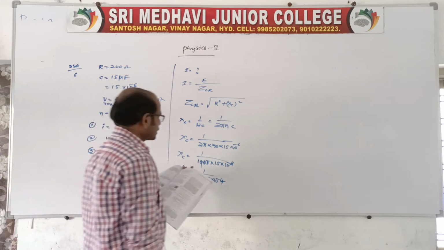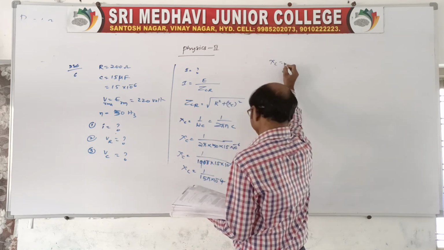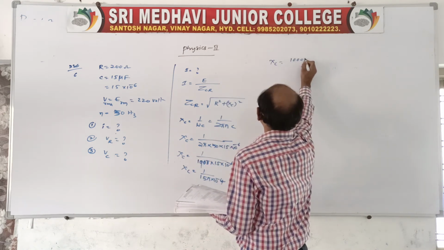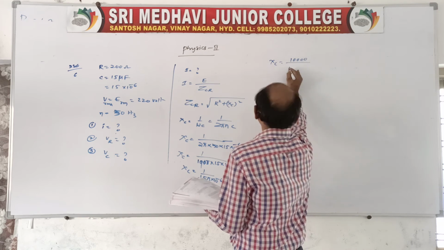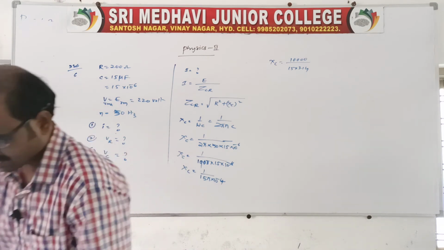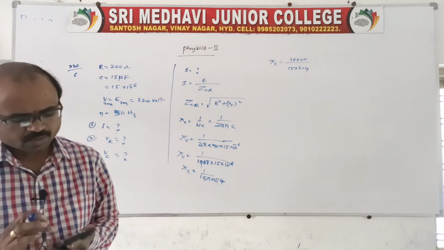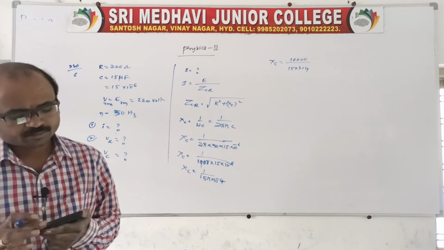So better you simplify this XC. We can take 15 into 3.14. Yeah, better you divide this, because here we need XC, no?